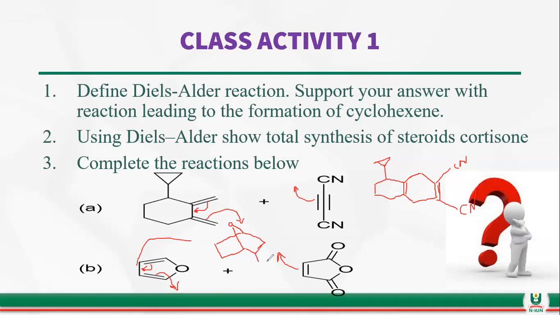And the crown head of your compound here tilts downward to form the endo product. I told you endo product is sterically favored. Remember, this one now becomes double bond. So this one will be the product of these two reactions.